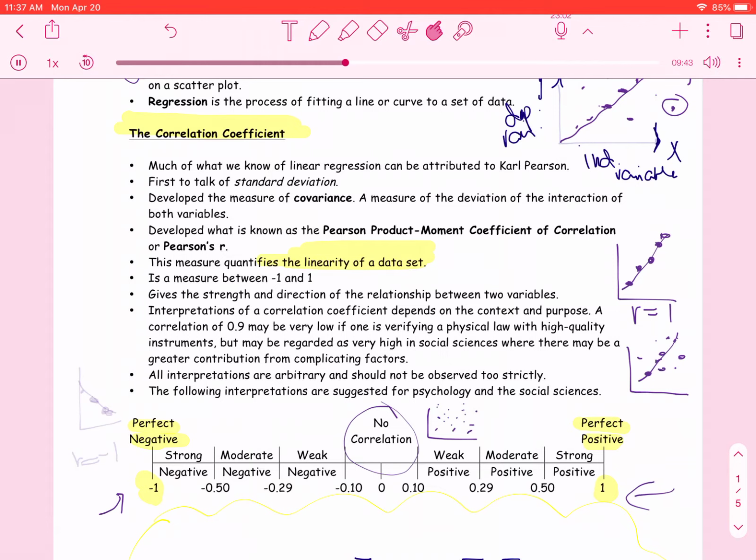Okay. Now, perfect negative could be one that looks like this. Okay, sorry, that's so poor. Where every point is touching that line, however, you'll notice it's a negative slope or a negative line.